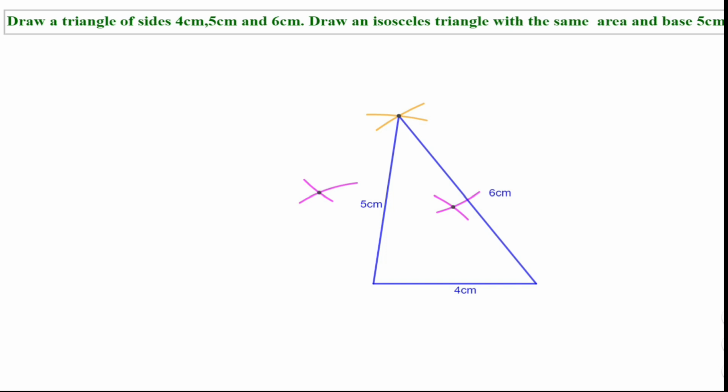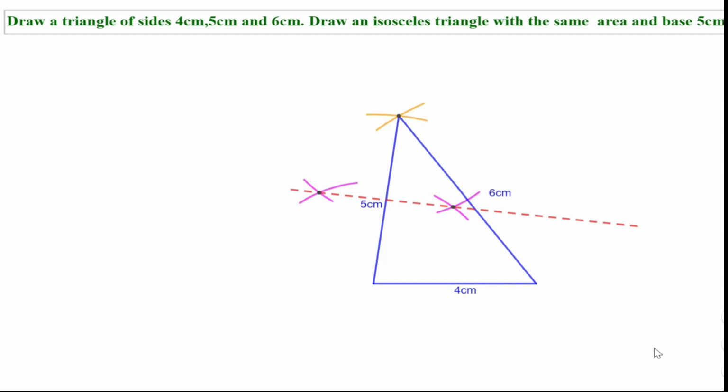Mark the points of intersection, join them, we will get the perpendicular bisector of that side. Take any point on this perpendicular bisector, join that to the end points of this side, we will get an isosceles triangle. Now we need an isosceles triangle having the same area of this triangle.